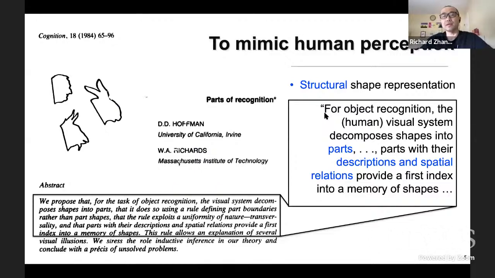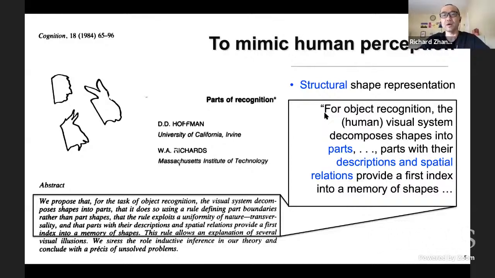Now, because we're looking at shape understanding and shape perception, and you would like the machine to be able to do what humans would do, we certainly would like a representation that mimics human perception. This is a very classical paper, not from computer science but from cognition, from the 1980s. Many graphics papers, and I think vision papers too, cite this classical paper. I'm going to take a quote from it.